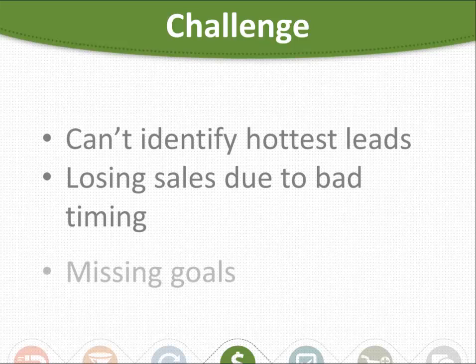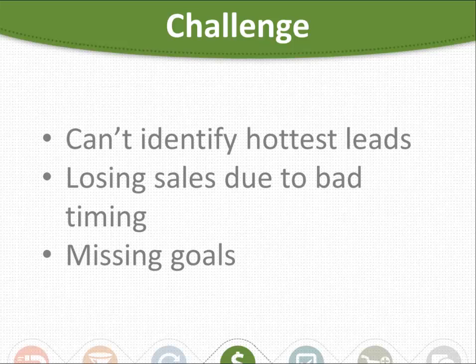The biggest challenge that you folks face is that you can't identify your hottest leads. So here's my challenge to a lot of you. These are rhetorical questions because it's only a one-way conversation. Say, for instance, 2 weeks ago was the end of the quarter. Say you're sitting there saying to yourself, I've got a goal to hit.